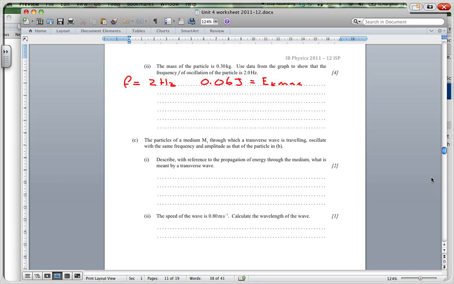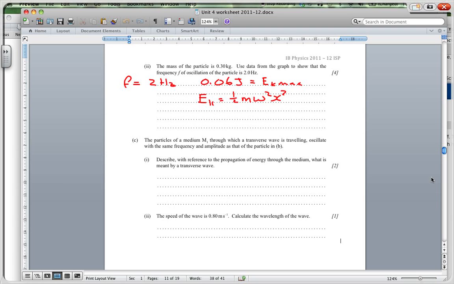Now we have our formula Ek is equal to a half m omega squared x squared, like that.